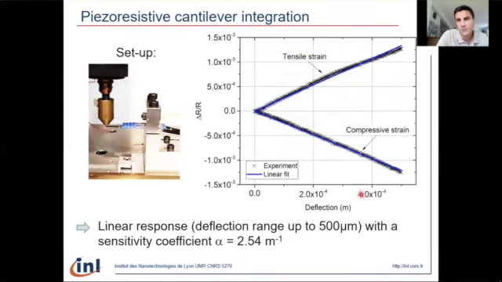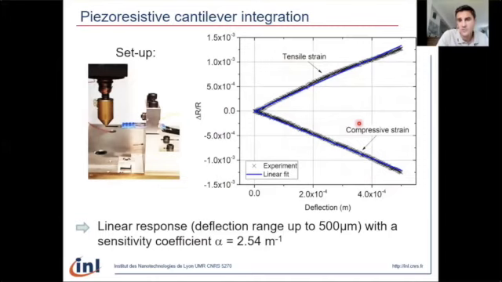Here on the right, I have presented the electromechanical response of the cantilever. Here I have plotted the relative variation of resistance of the cantilever as a function of the deflection level, up to 500 microns in tensile and compressive strain.